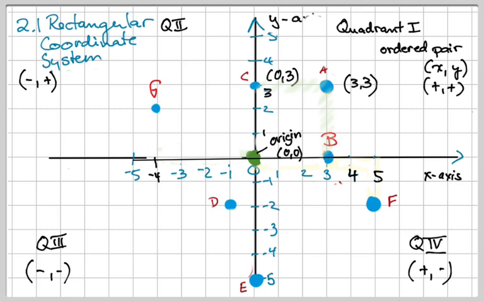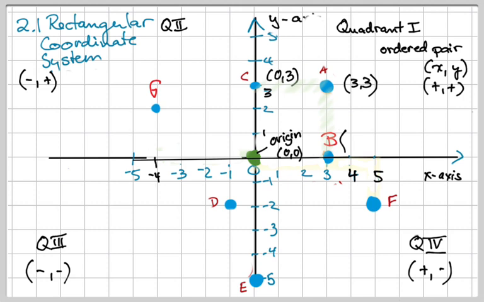Where's B? B is right here. Who can label this point? Would it be 0, 3? And I heard that from Elijah here as well. The answer is no, not 0, 3.